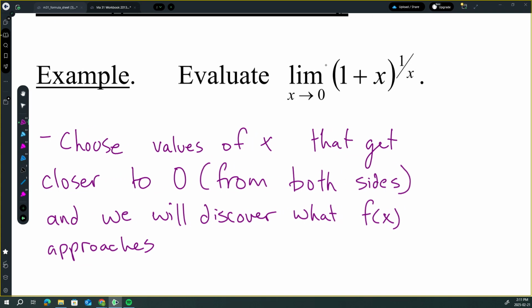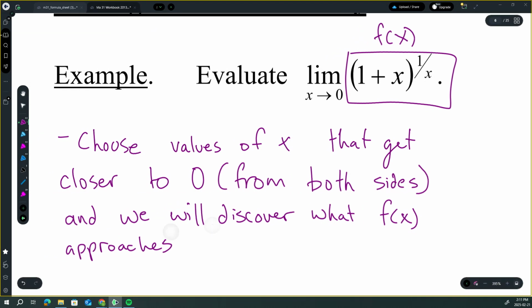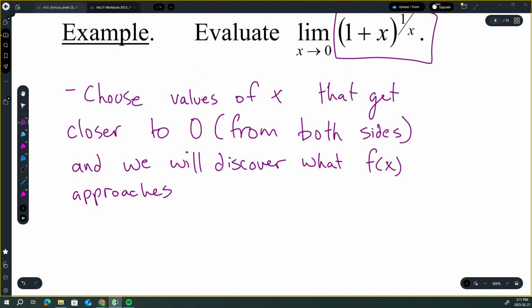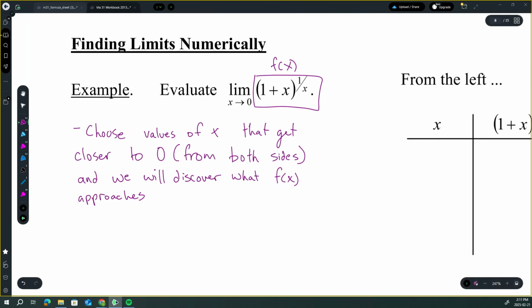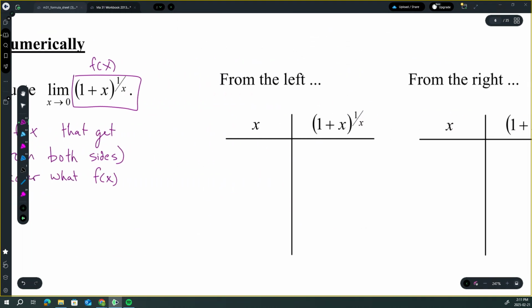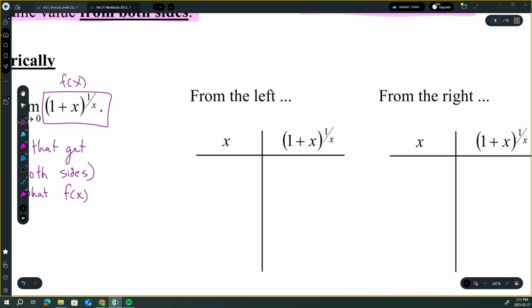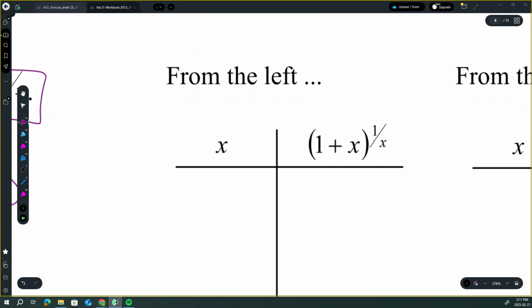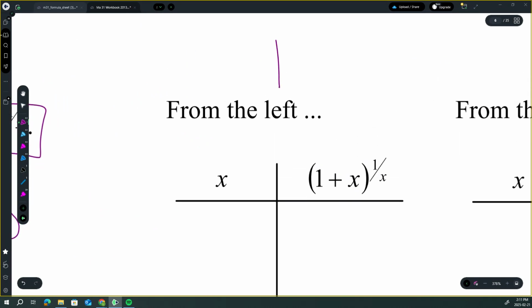Now, I said this out loud, but I didn't really write it out. So this part right here, that's the f of x part.